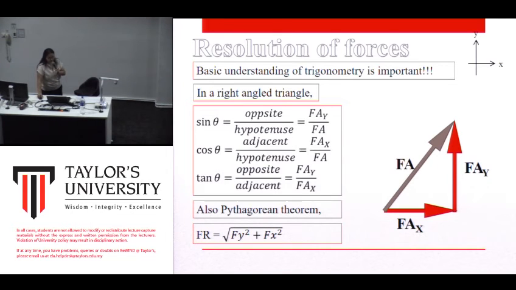Another theory that you must understand is the Pythagorean theorem, where Fr equals the square root of Fy squared plus Fx squared. I hope you still remember A squared equals B squared plus C squared. That's the right angle triangle. So far so good? Alright, let's move on.